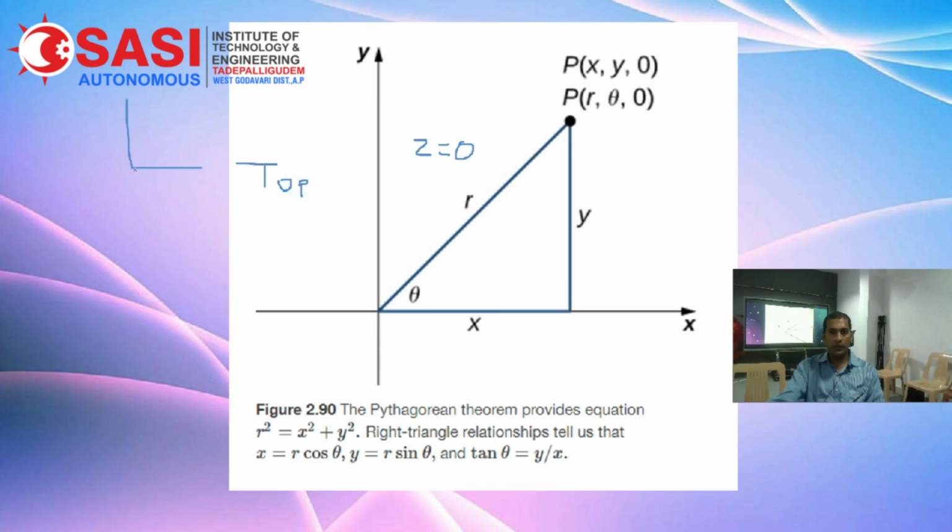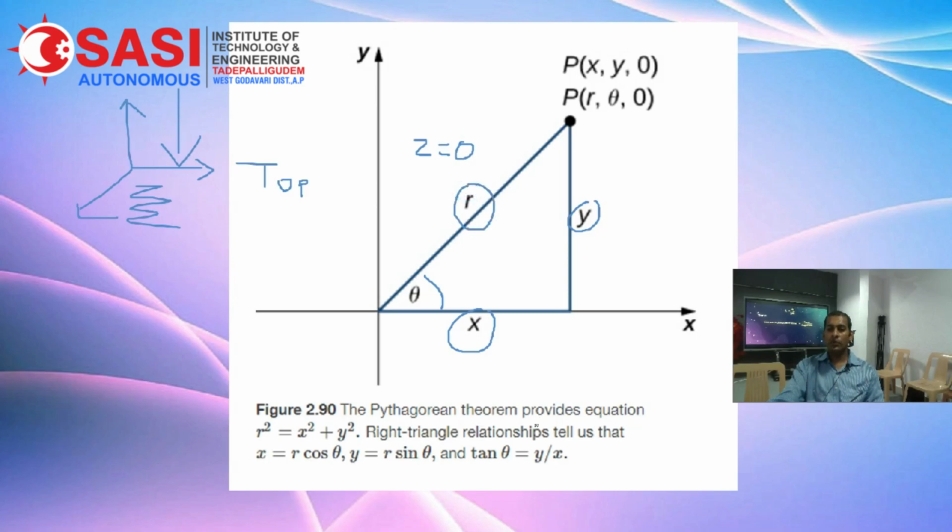So our 3D system is like this. So here we have this plane, which is represented from top view. So here we have distance y, this is distance x, this is angle theta and this is radius r.